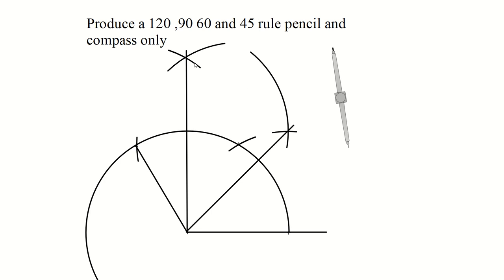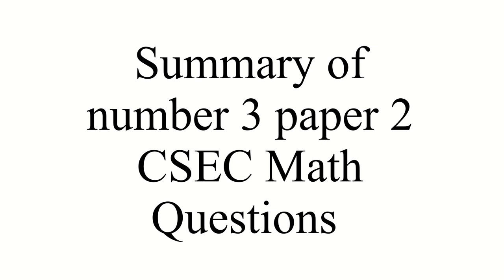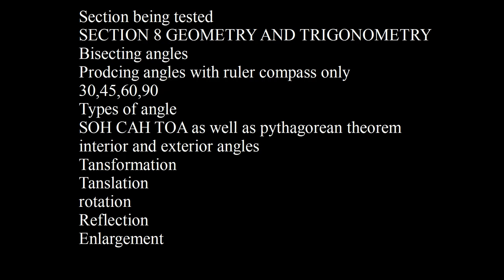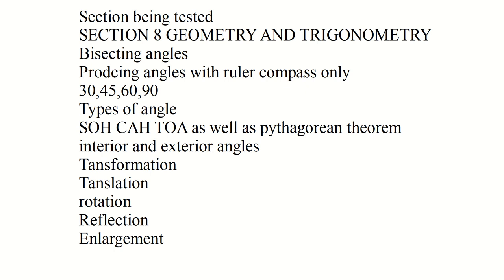However, you do need to have these arc lines down so the examiner will know that you used your compass, pencil, and ruler only to create what was asked. Right? So that is how you're going to create your 30, 45, 60, 90, and then I have also created a 120. Types of angles.